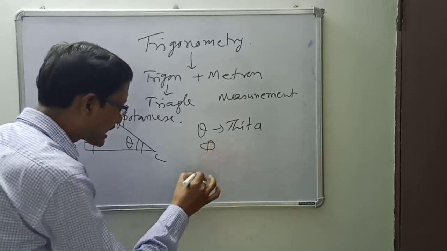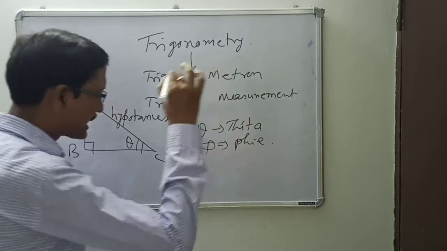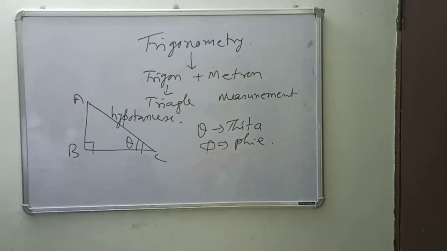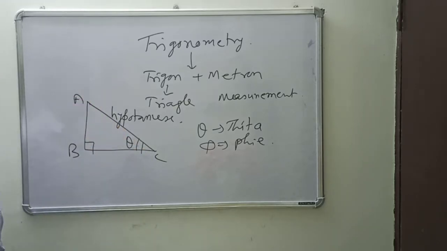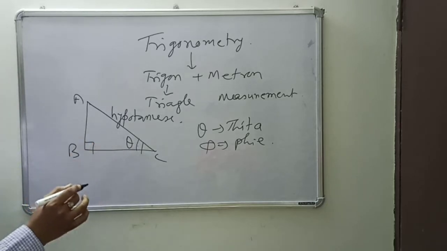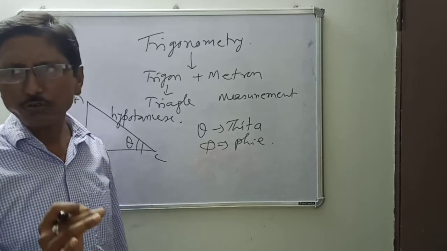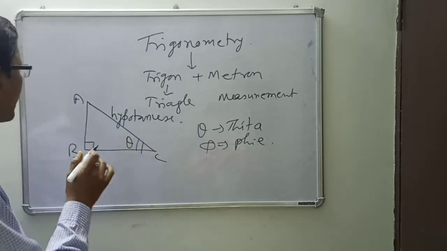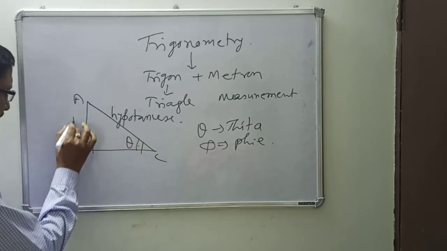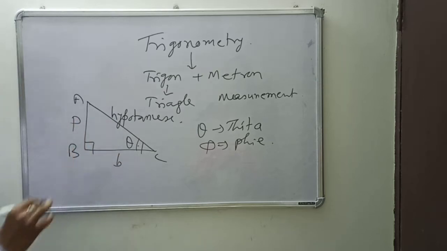Sometimes the angle is called phi, like this one. With respect to this angle, which one will be the perpendicular and which one the base? Always remember, the side opposite to the angle we like to discuss is always the perpendicular, and the third side that is left is the base.